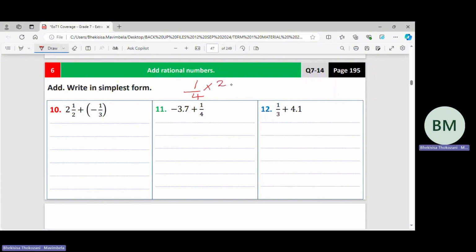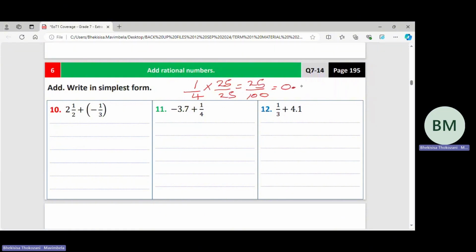If I do 25/25, remember, I'm just multiplying by 1. I'm not changing anything. So which is same as 25/100. And because there are these 2 zeros here, this is same as 0. There must be 2 numbers after the decimal point or in front of the decimal point, whichever way you understand. So divided, it's going to be 0.25.